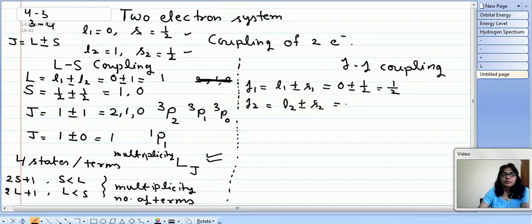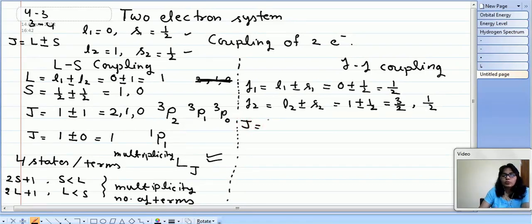L2 is 1, then plus minus half. So 1 plus half means 3 by 2, and 1 minus half means half. Because there is a difference of 1, there are no in-between terms, only two values, 3 by 2 and half.